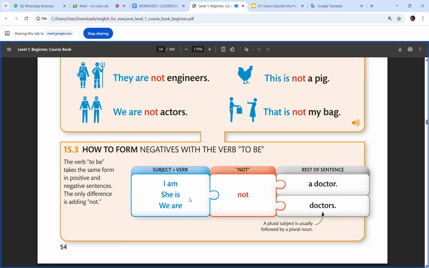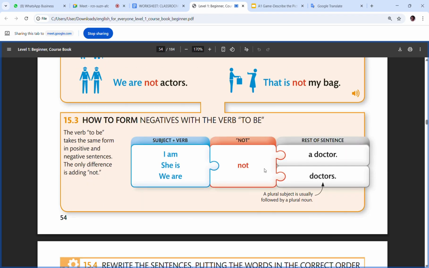She is not a doctor. We are not doctors. Yeah, so you see, it's very important to include the to be, right? The verb to be has to come after the subject, right? So it's the subject and the verb, and then not, and then the rest of the sentence, right?